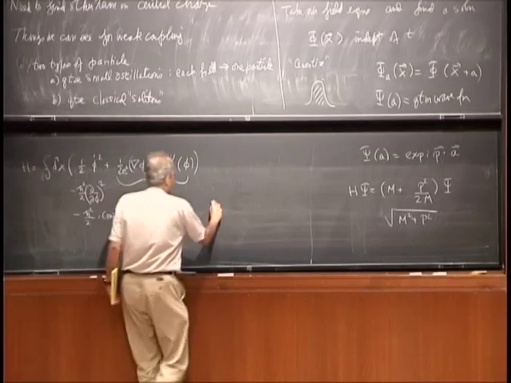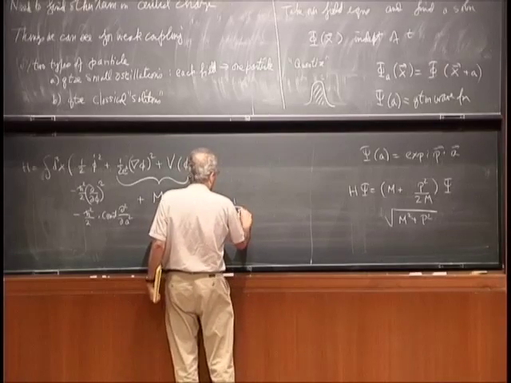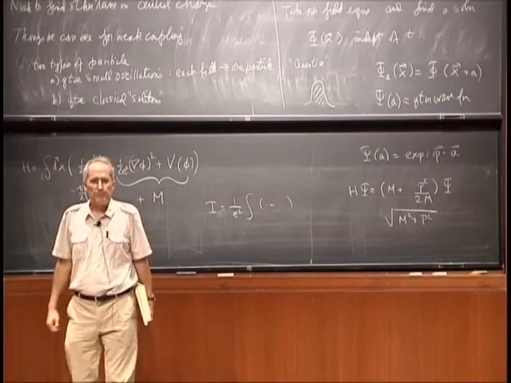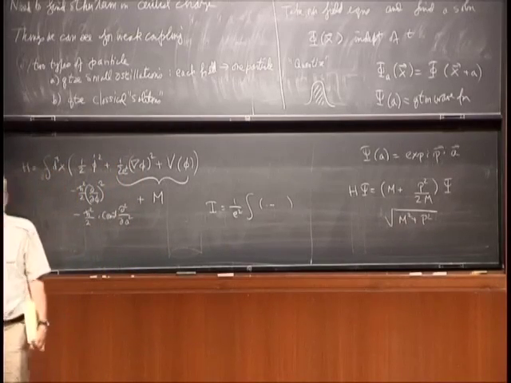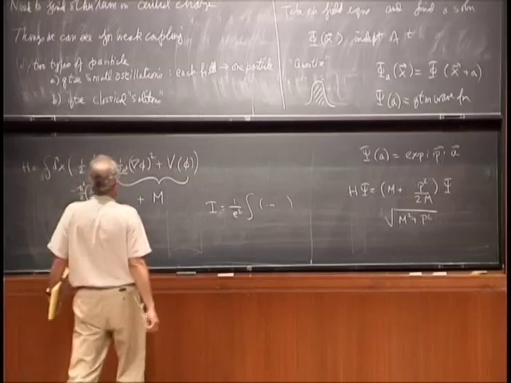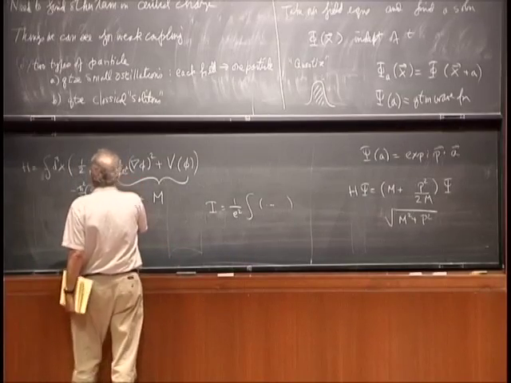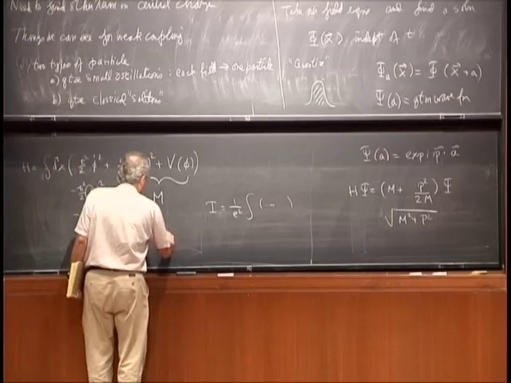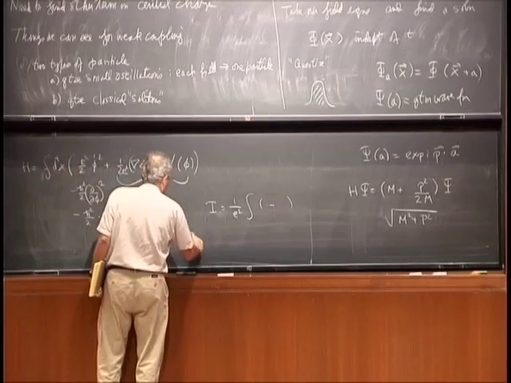If we started with an action which was 1 over e squared times something, and that's what we're interested in starting with, because what we're doing is finding out what happens for weak coupling. And weak coupling means that e is small. And you see, 1 over e squared appears as a constant in the potential energy. So the mass is of order 1 over e squared.